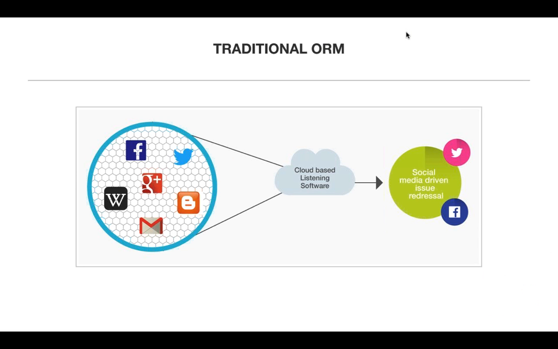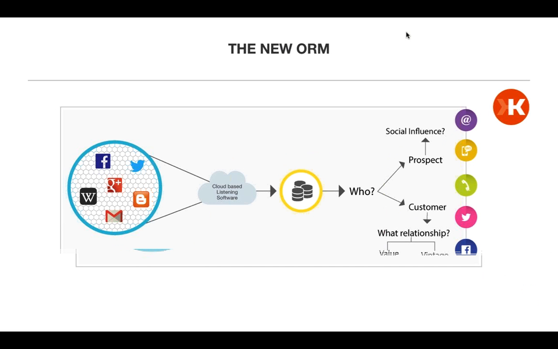While a lot of companies are still getting the hang of, or learning the ropes when it comes to, online reputation management, traditionally ORM was listening to specific keywords or search terms on the internet, using cloud-based listening software, and so addressing concerns, addressing queries, and creating opportunities.